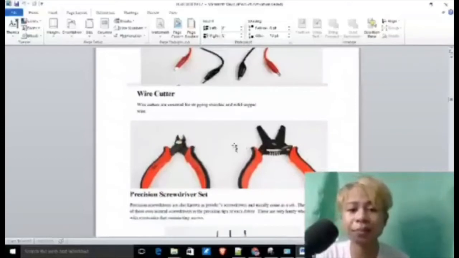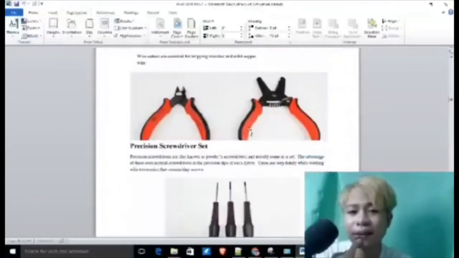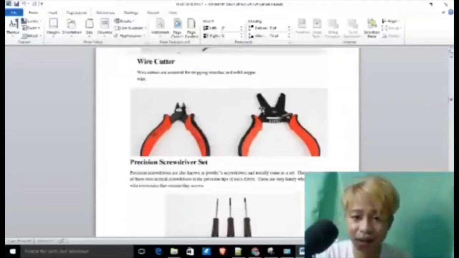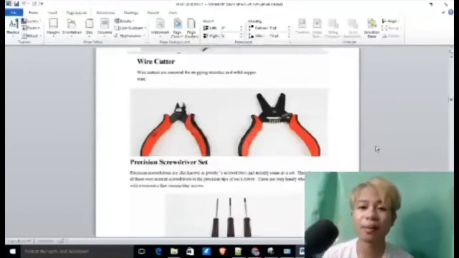Wire cutter. I have a cutter, I think. Okay, I don't have this wire cutter. This is intended for wire. I think, because I only have here a cutter for cable wire.